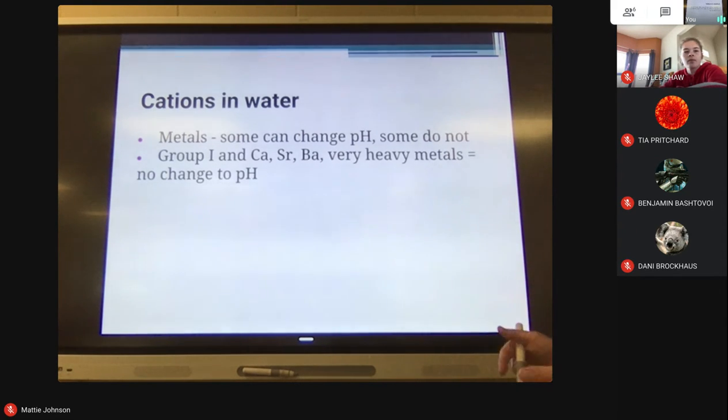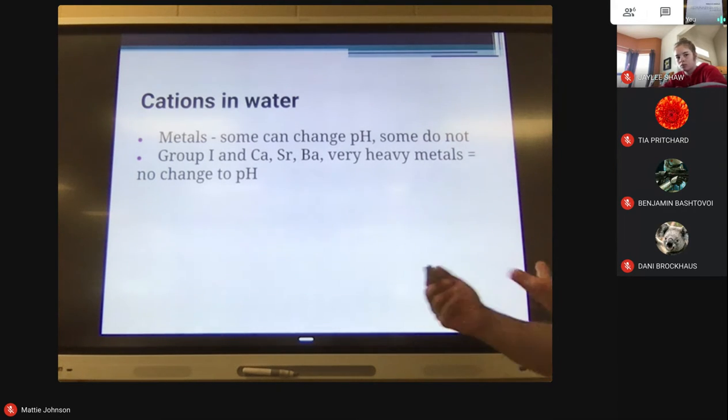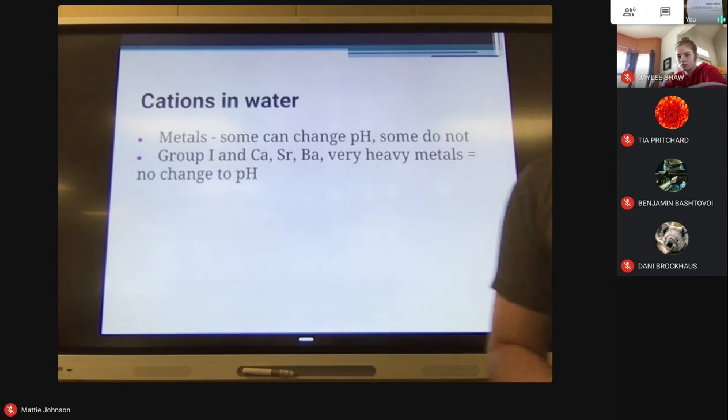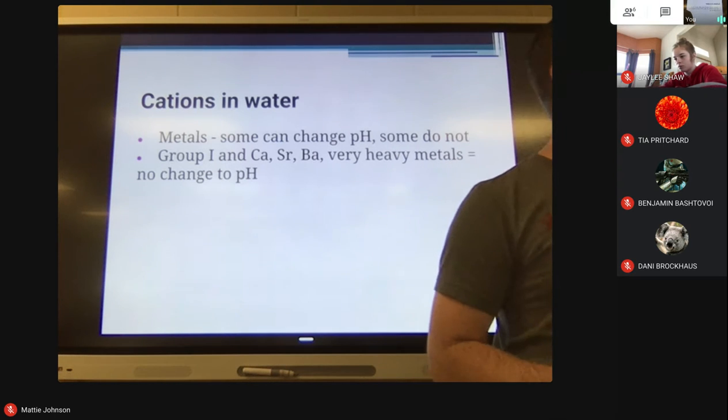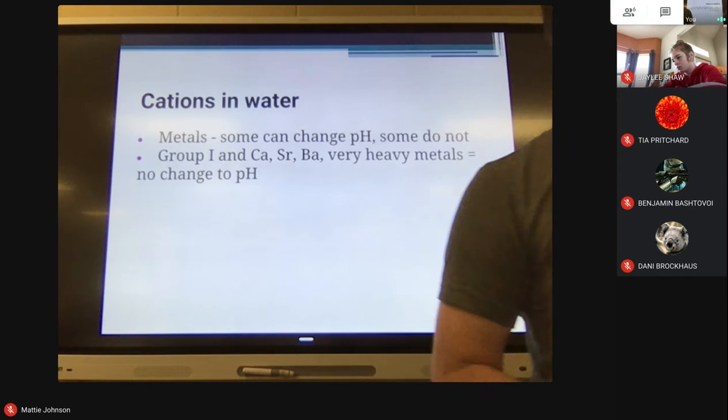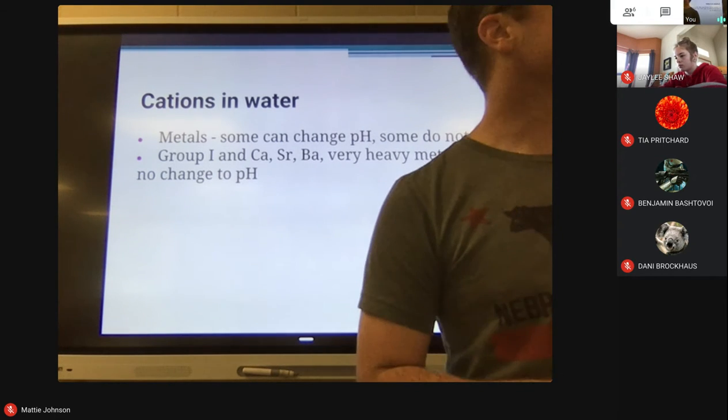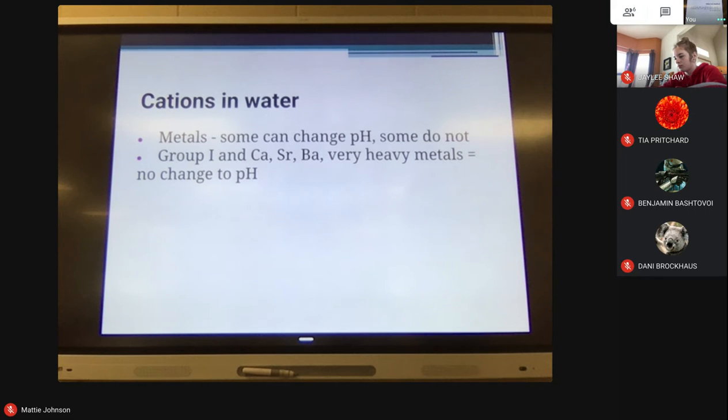So basically, anything that's group 1, okay, and then Ca, Sr, Ba, very heavy metals. What the heck is a very heavy metal? A very heavy metal would be something like gold, something like platinum, something like lead. Typically, we don't have any kind of change to pH, okay?